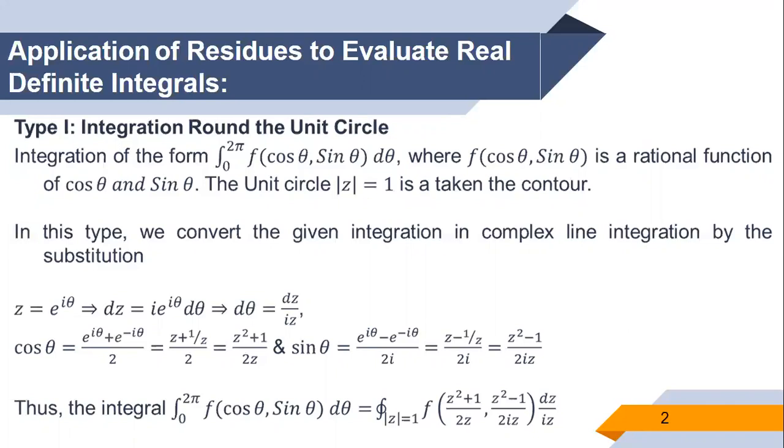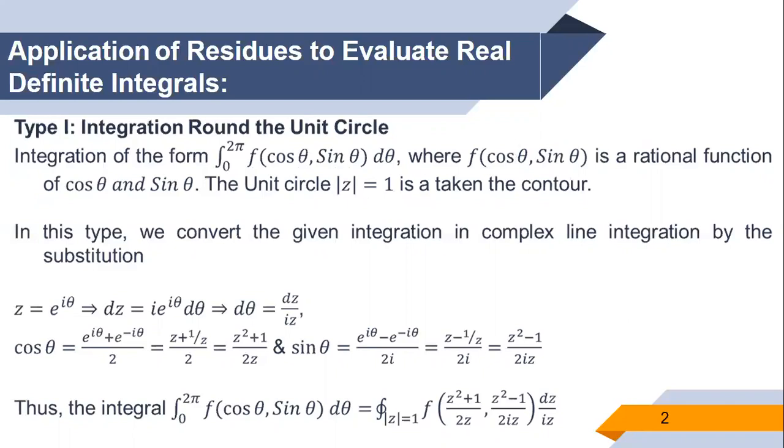That means if the integration is of the form integration 0 to 2 pi f of cos theta, sin theta d theta, where f of cos theta, sin theta is a rational function of cos theta and sin theta, the unit circle mod of z equal to 1 is taken as the contour.